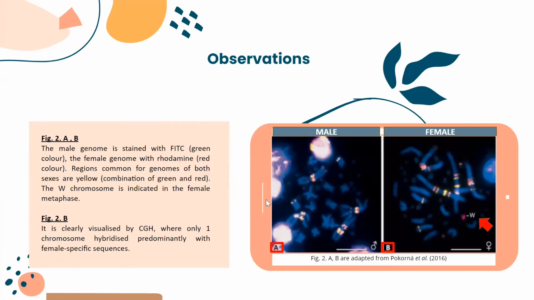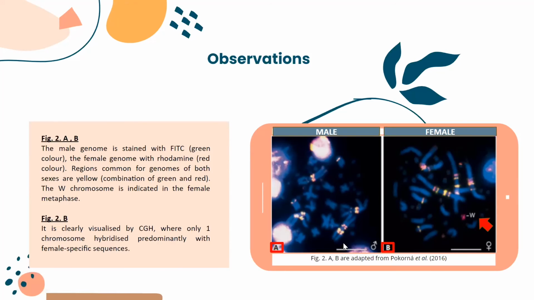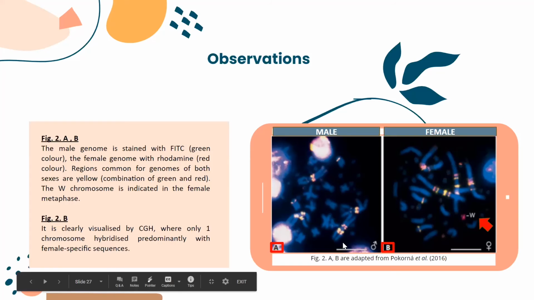For the observation based on the CGH method, in figure 2, we can see the picture from the CGH itself is clearer, and the colors shown are red, green, and yellow. Based on figure 2, A is for male, B is for female.